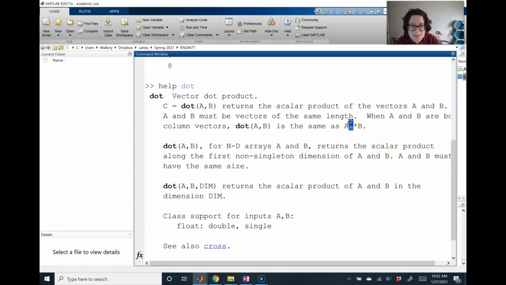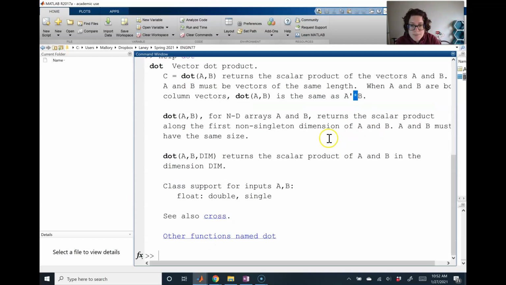This little apostrophe here is the transpose. I don't know why it threw me seeing it next to a multiply, but this a apostrophe means a transpose, which means we've taken a column vector and instead made it a row vector. And then you can do multiplication of that.